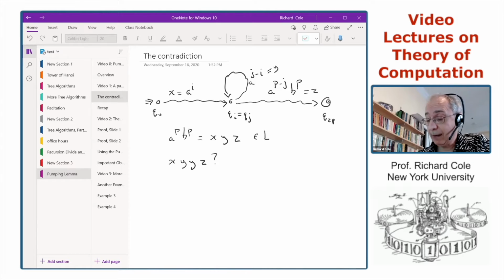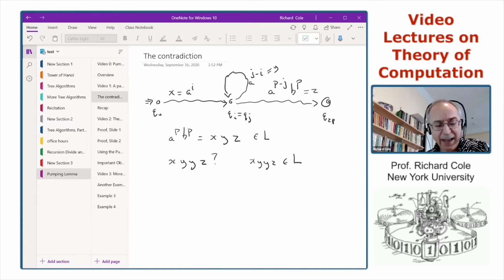Then in reading y, I go from Qi round this loop back to Qj. If I read y a second time, I go round this loop a second time. And then when I read z, that takes me from Qi or Qj, it's the same state after all, to this accepting state Q2P. And that means that xyyz is also in my language L.